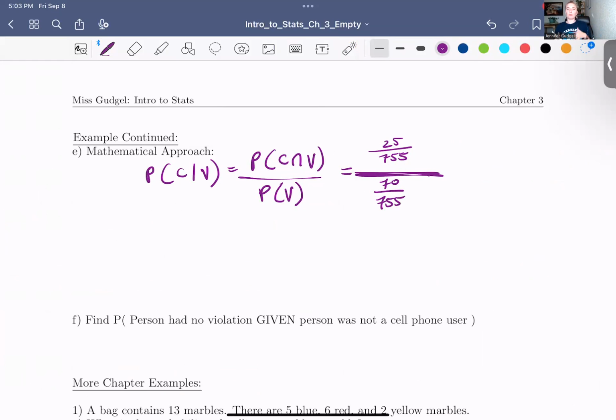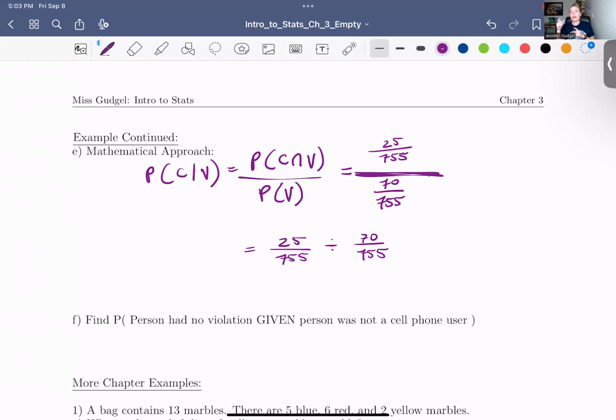All right, if you remember from your algebra days, if you haven't visited that in a long time or maybe never seen it, that's okay. I'm not going to ask about that. But when you have a fraction divided by a fraction, we could rewrite it if we wanted. 25 over 755 divided by 70 over 755.